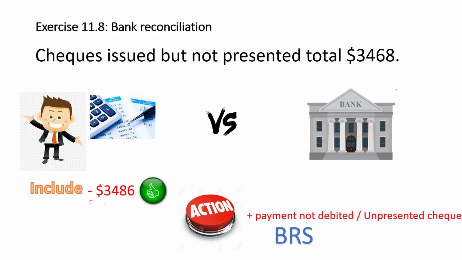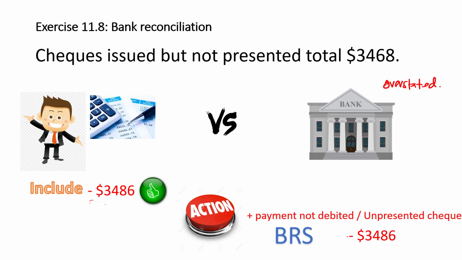So how should we do this? We put a note there. We are going to minus the unpresented check or payment not debited. The bank record is overstated because the bank did not deduct 3,468.